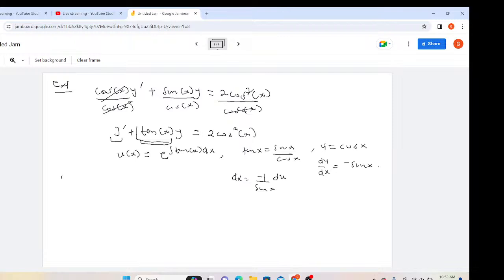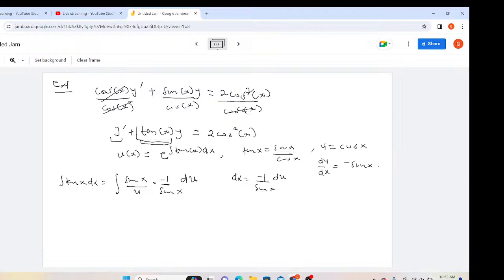Then I put it here. So integral of tan x dx becomes integral of sine x over cos x. When I say let cos x be u, it's sine x over u dx. Now my dx is negative 1 over sine x du.